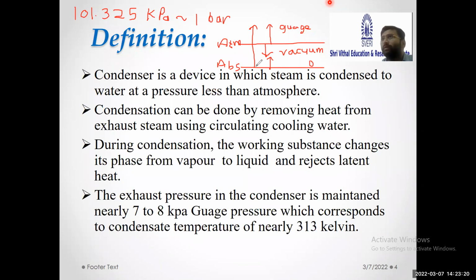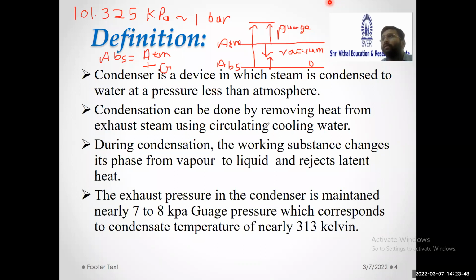If you measure with respect to absolute pressure, what will be the absolute pressure at this point? It will be equal to atmospheric pressure plus gauge pressure.